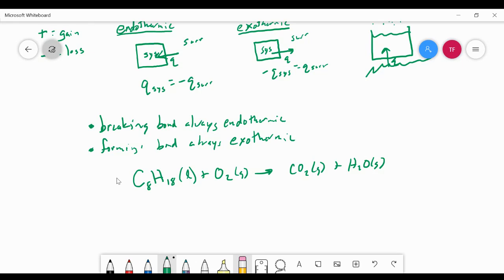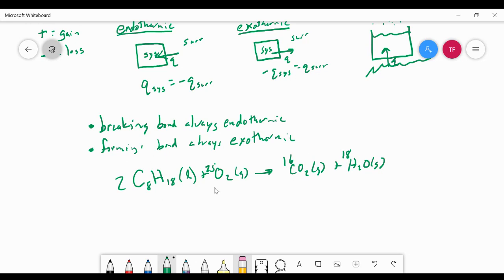If we balance this whole thing, we get 2, 25, 16, and 18. And so if you burn gasoline, you have to break all of these bonds between the carbons and hydrogens and the oxygens. All these bonds have to be broken, and then all of these bonds get reformed.